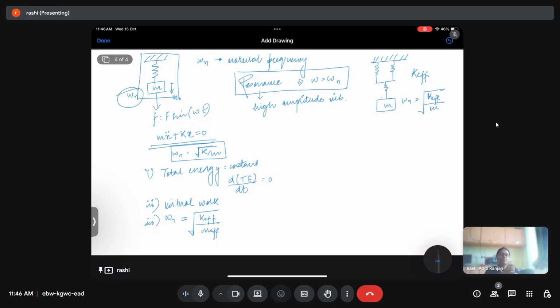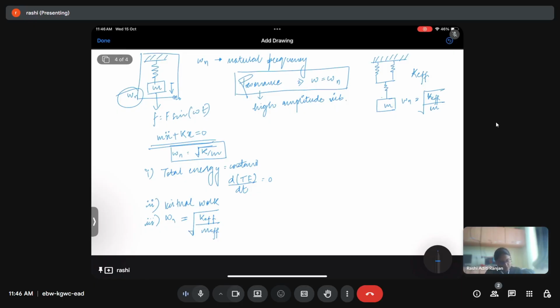Which can be used. Okay. So this was how we found out the natural frequency. Anyways, we did a lot of questions regarding the finding out of the natural frequency, and we practiced a lot. So I think it is clear to all of us.